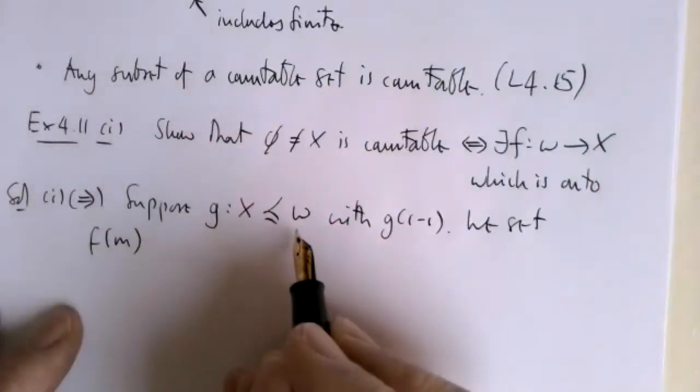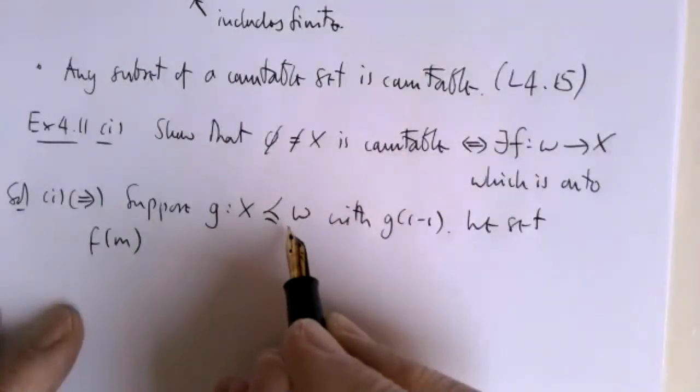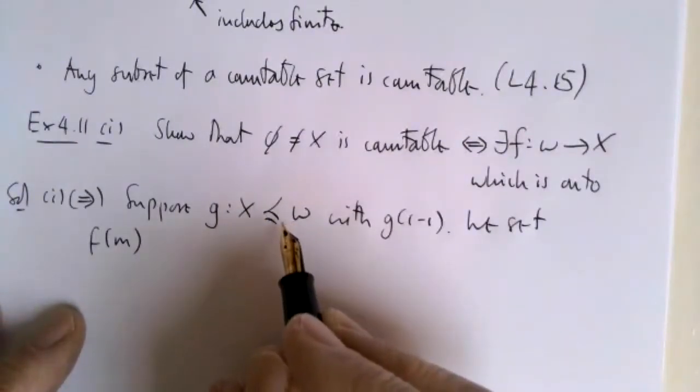So we could use g, except that, of course, the range of g is not necessarily all of omega. If it was all of omega, then we are done. We could just use g to the minus 1. But it may not be all of omega.